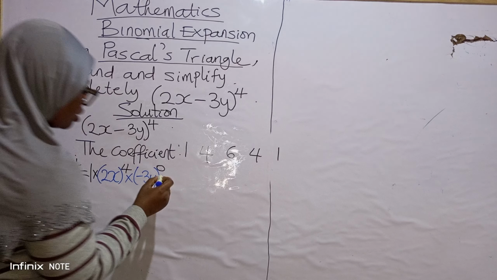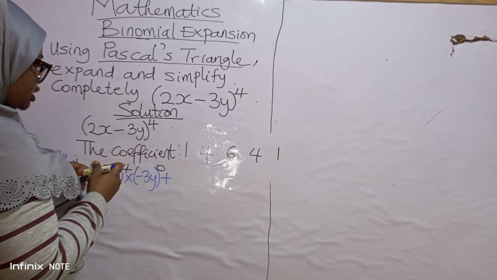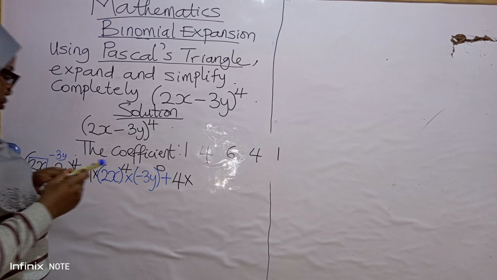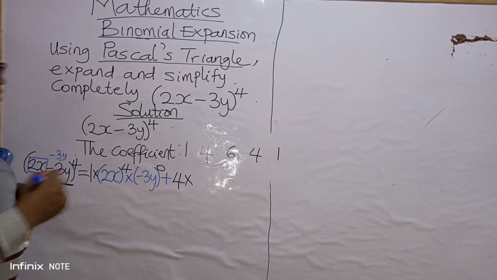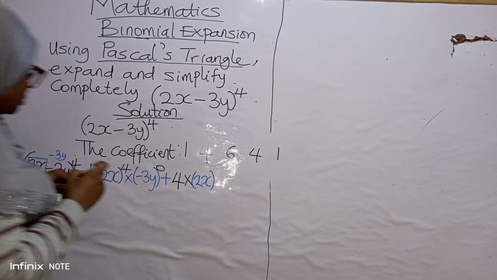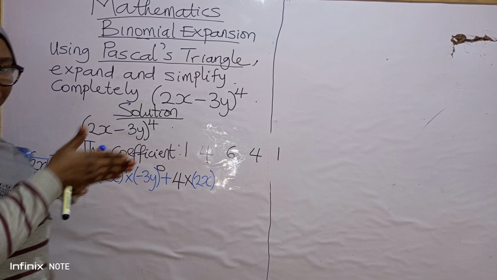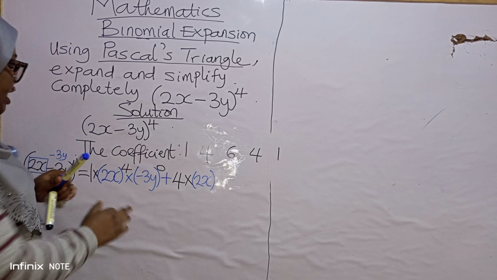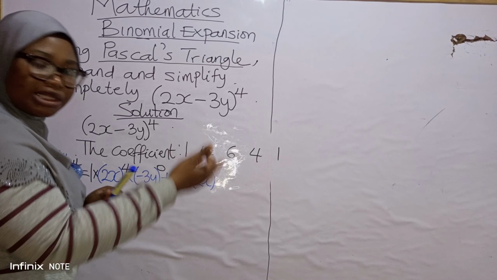So, plus the second coefficient, which is 4, multiplied by the first term, which is 2x. Write it: 2x inside the bracket. Now, the power of that first term will be decreasing. It will start from 4, and the next one will be 3.